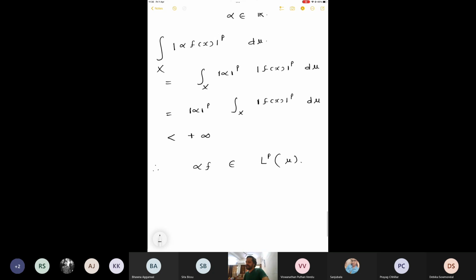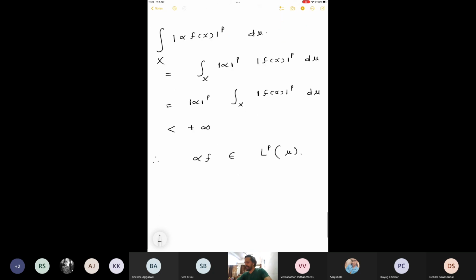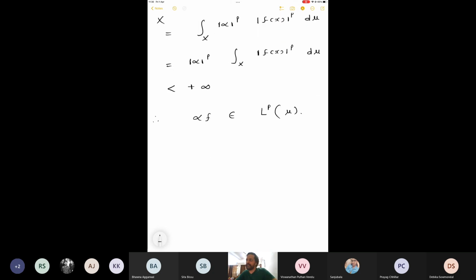So what is the takeaway message? When f and g are in LP, f plus g is also in LP and alpha f is in LP. So what's the conclusion that you can make? LP is a vector space. Thus, LP is a vector space. Consequently, you should treat LP inside the collection of all functions. But already you know that the collection of functions is a vector space with the usual operations.